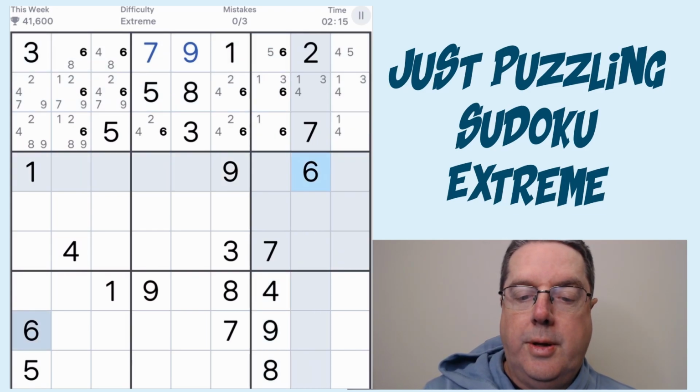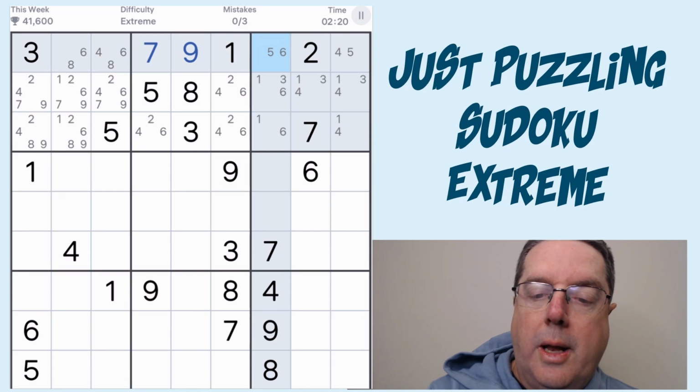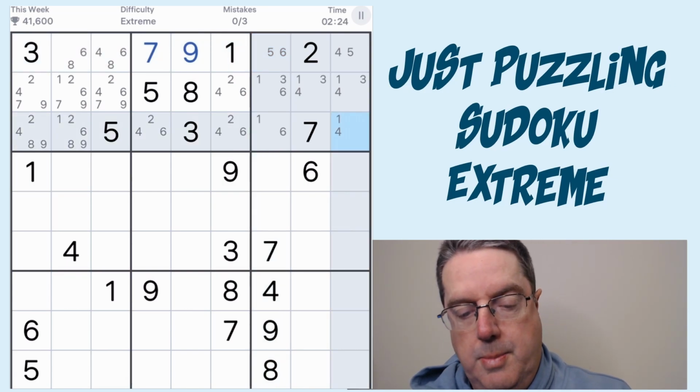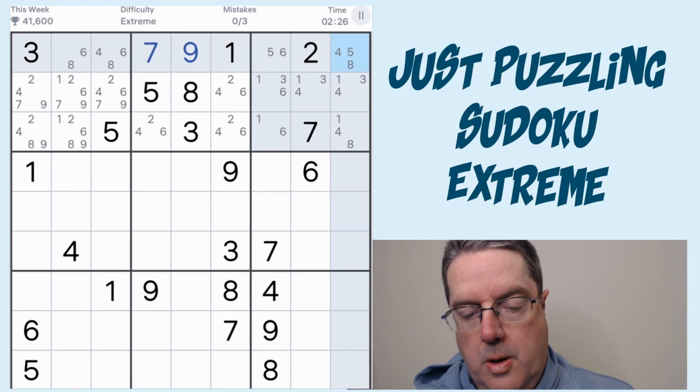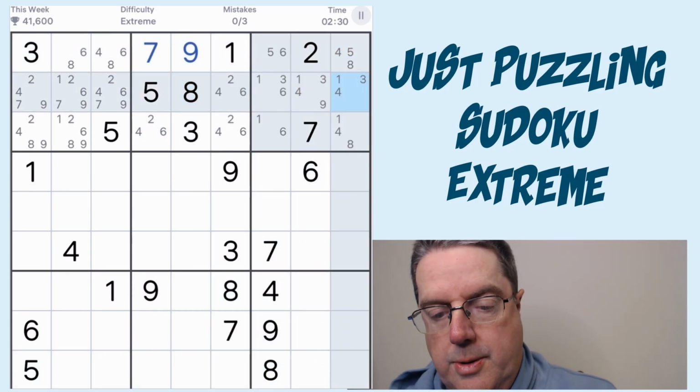So this 6 is here. 6 can't be in here because this is full, so that means that that can only be a 6. 7 is there. 8 can only be on this side, on those 2, because of that 8 and that 8, and 9 can be these 3 here.